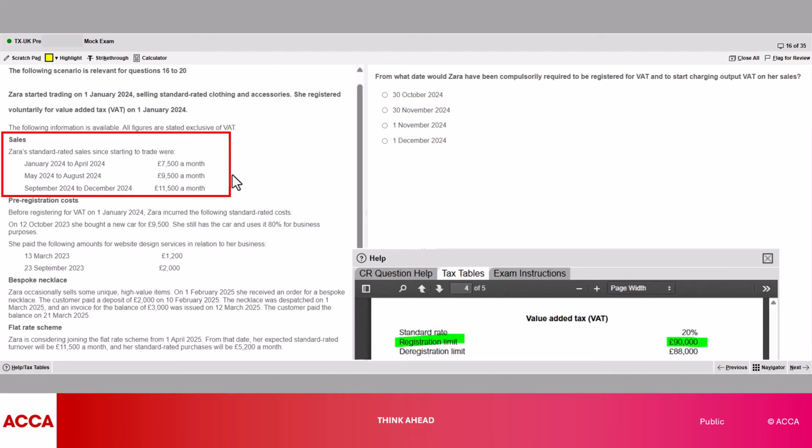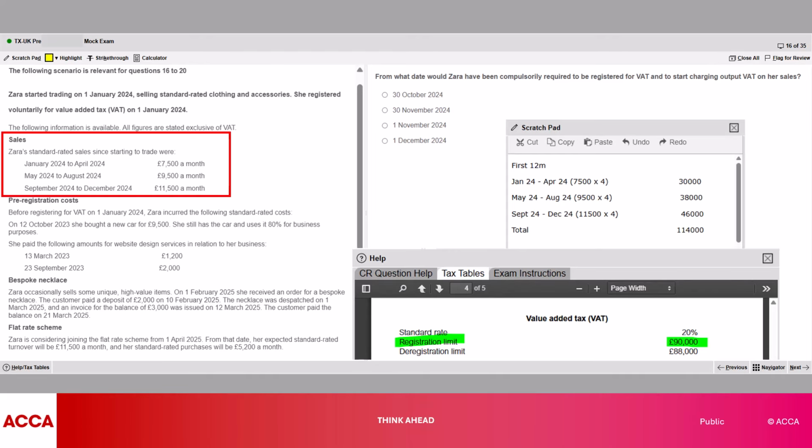Now in this case, if we actually add up all of the taxable supplies for the first 12 months, so we have 4 months on 7,500, 4 months 9,500, and then the next 4 months on 11,500, that actually takes us well over the limit. So we then need to go back a couple of steps and work out at the end of which month during those first 12 months the limit is breached.